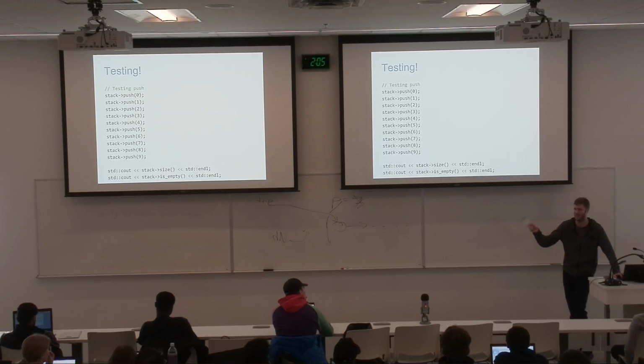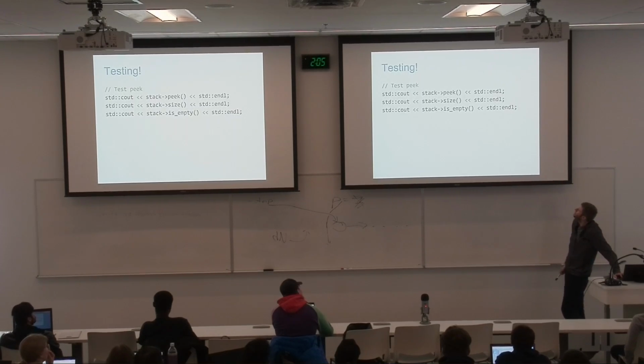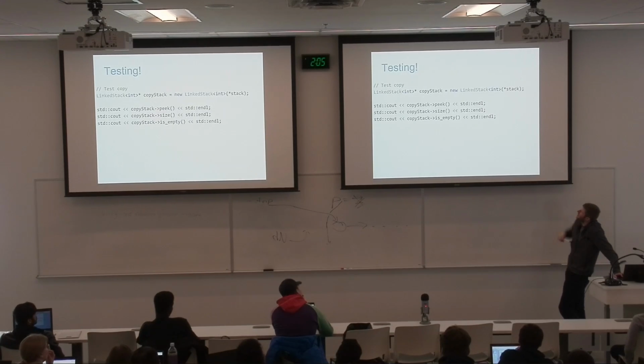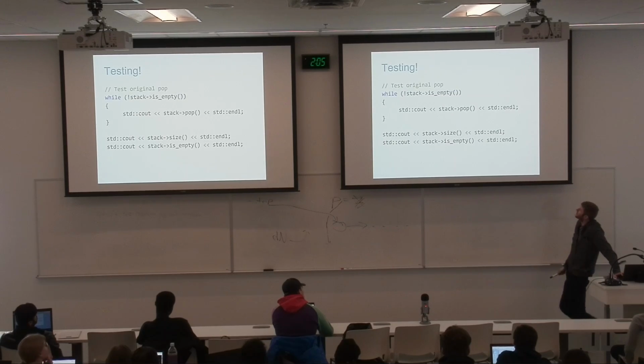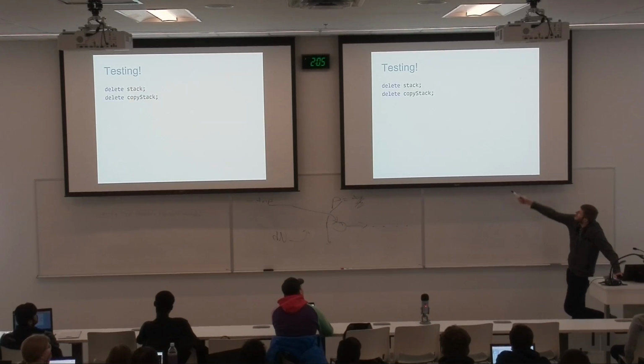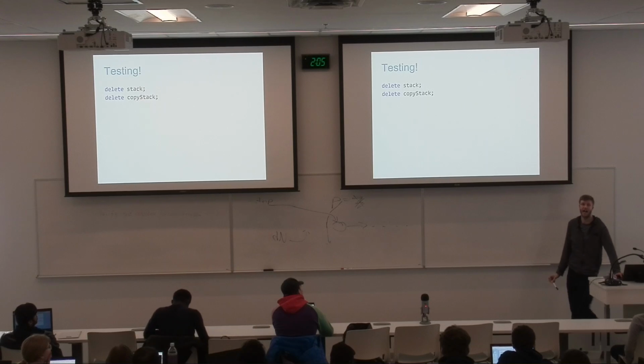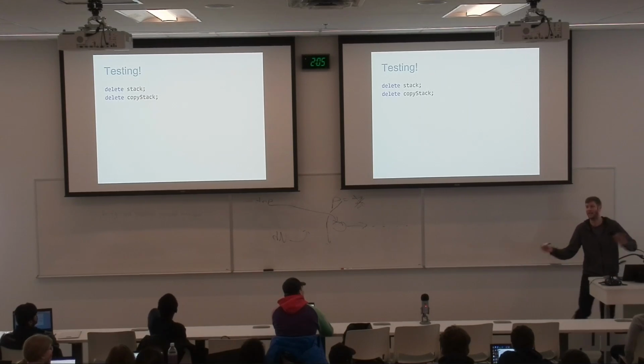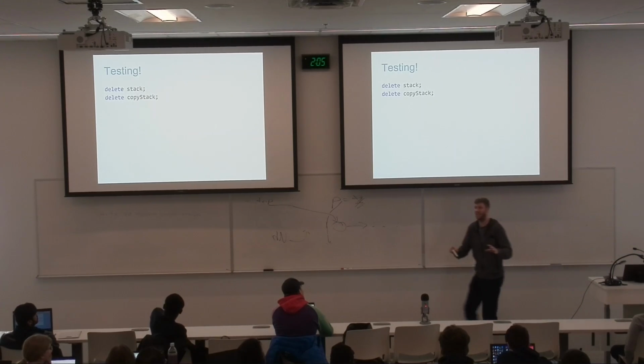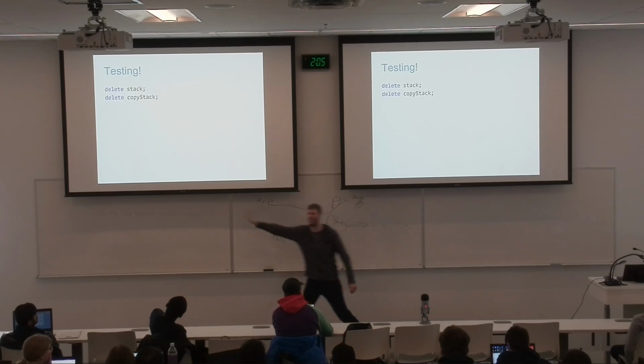I don't care if it was linked or an array. I can push, peek, get its size, check if it's empty, make a copy of it, and delete the stacks, and it doesn't matter if it was an array stack or a linked stack, because the how is done on the back end.